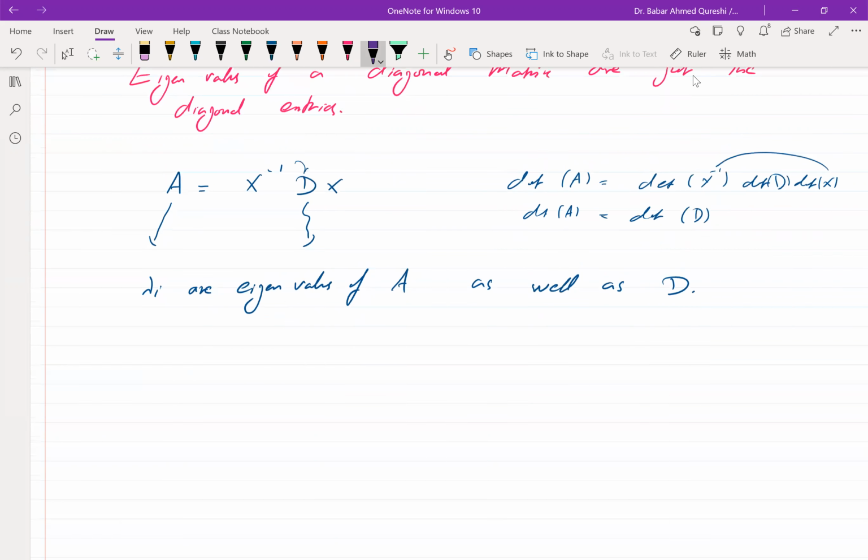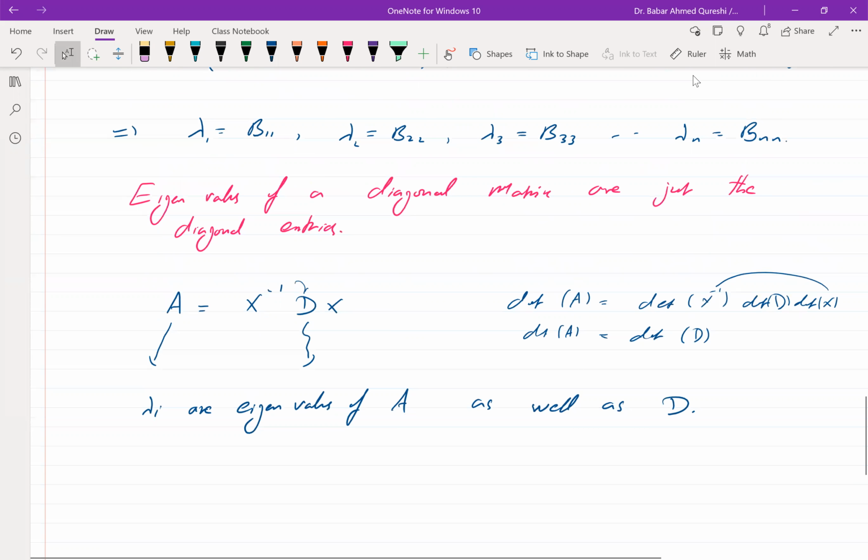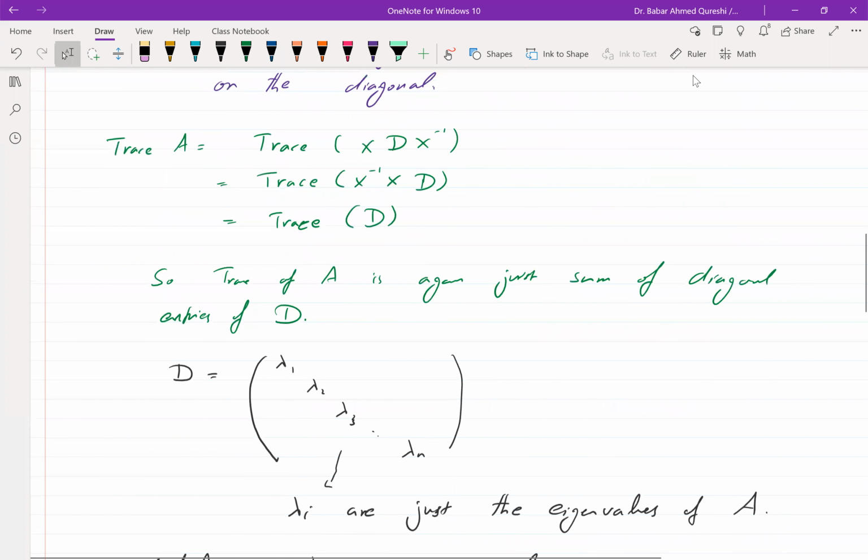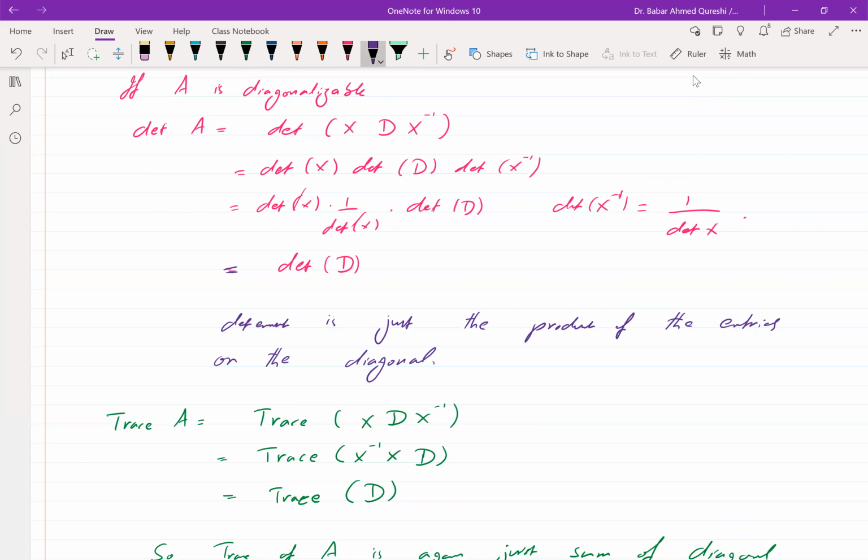Now, if this is true, which I haven't proved yet, that the eigenvalues of A are actually the diagonal entries of D, then from here I find the determinant of A. This implies the determinant of A is the product of eigenvalues of A, because the determinant of A is equal to the determinant of D, and since D is a diagonal matrix, its determinant is just the product of the diagonal entries.